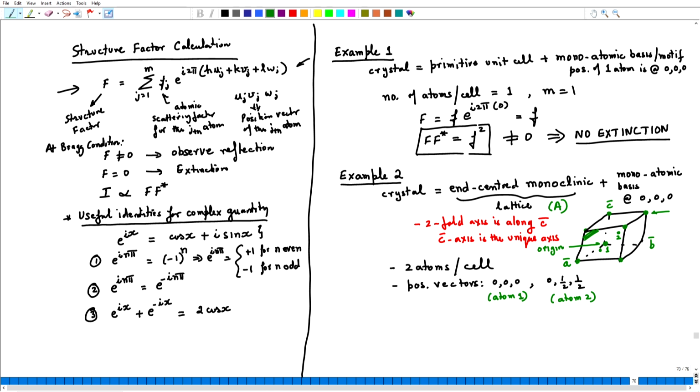Now, I have two atoms, therefore, there will be two terms in the structure factor. Let me write this as so. Now, the atomic scattering factor f_j for both atoms is the same because they are the same kind of atoms. Therefore, the atomic scattering factor can be taken out of the summation and there will be two terms inside the summation.